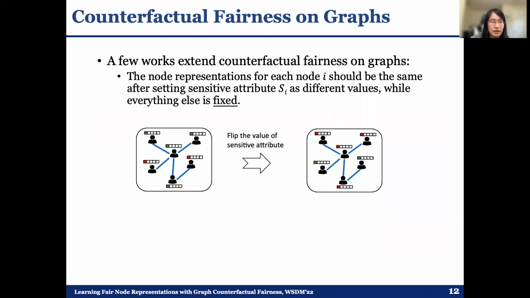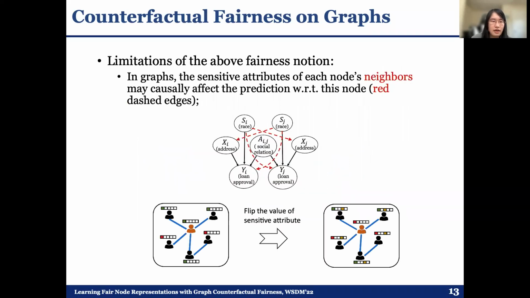Like if this person is male, we flip the gender information to female, or some other change, but we need to get the same prediction for the different versions of each individual. However, this way may have some limitations.